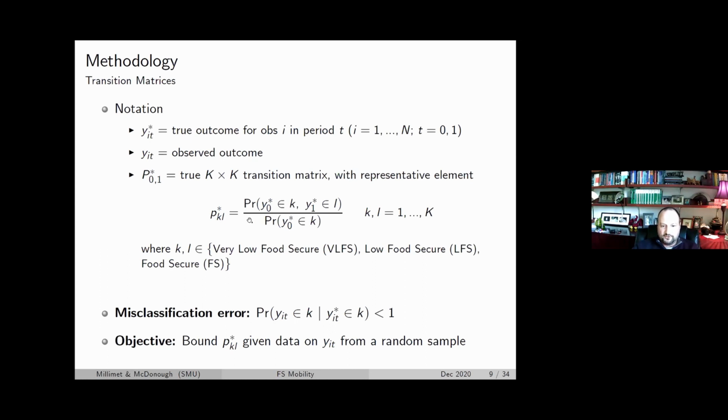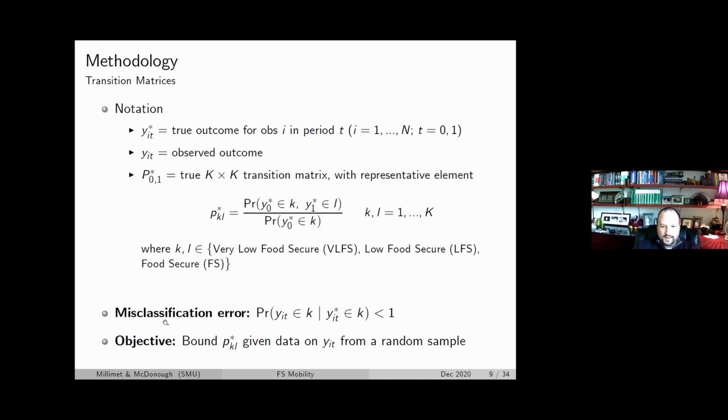Anyway, in terms of notation, I'm defining the elements of the transition matrix like she did yesterday. They're the conditional probabilities along each row. These are the probabilities that the child eventually is in state L, given that their parents were in state K. And that's the joint probability divided by the marginal.